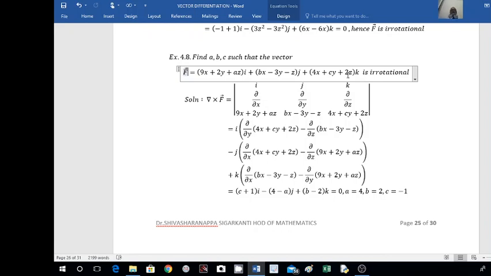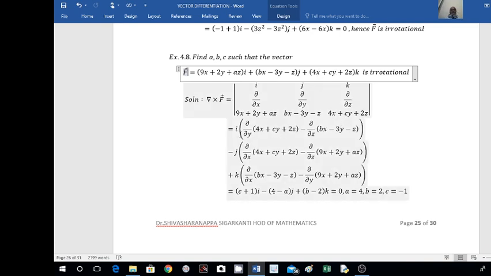We have to find the values of a, b, c. This means del cross f must be equal to 0. Let me find del cross f. First row i, j, k, second row the operators dou by dou x, dou by dou y, dou by dou z. Third row is 9x plus 2y plus az, then bx minus 3y minus z, and 4x plus cy plus 2z.